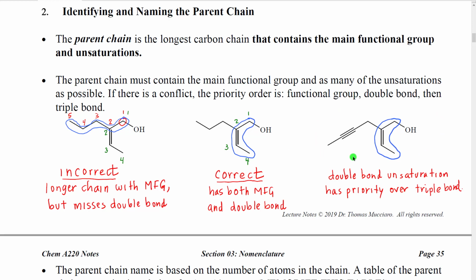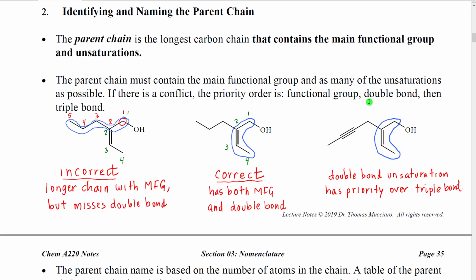Finally, I have a very, very similar example. You can see that again we have 1, 2, 3, 4, 5, 6 carbons in this chain right here. Here is our main functional group, so we could either use this chain or that chain potentially because they both contain the functional group.